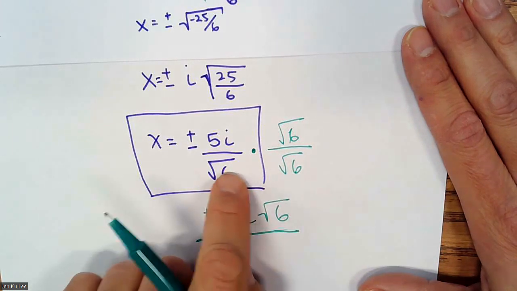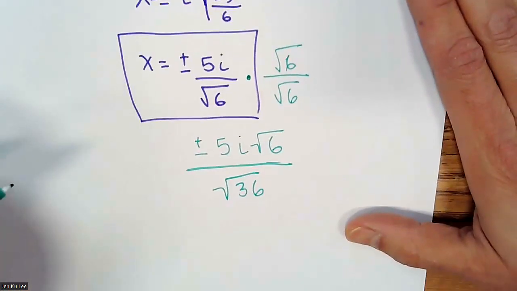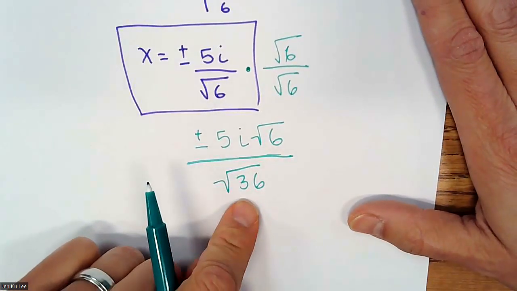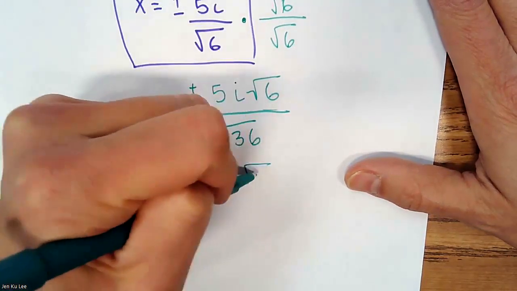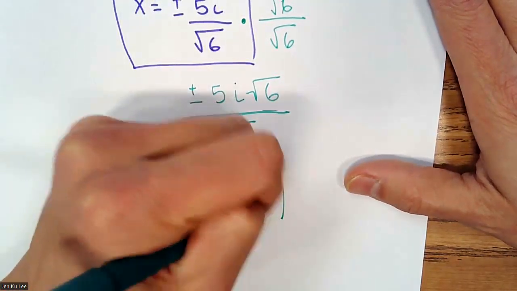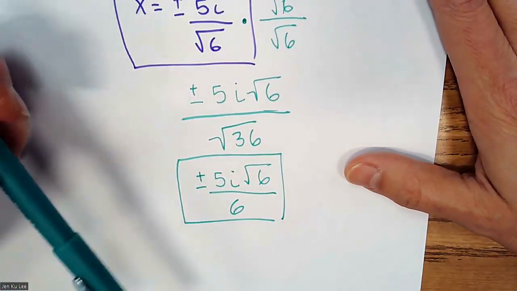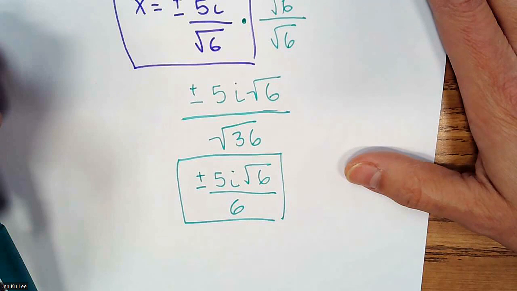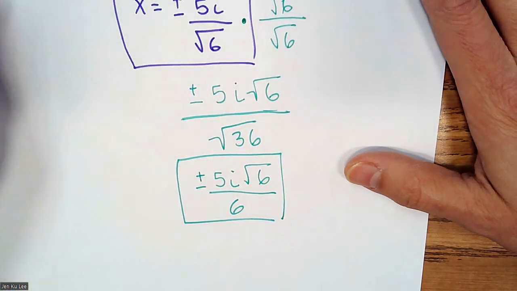What's 6 times 6? 36, square root of 36. Well, what's the square root of 36? 6. So plus or minus 5i square root of 6 over 6. That's how we're going to rationalize the denominator, which you guys don't need to today.